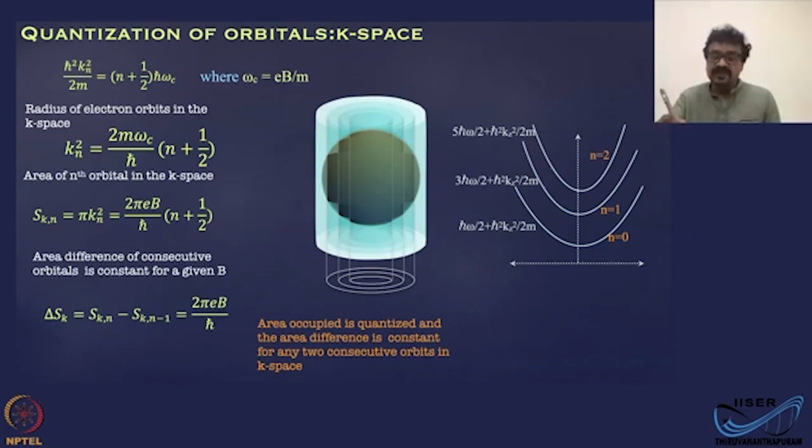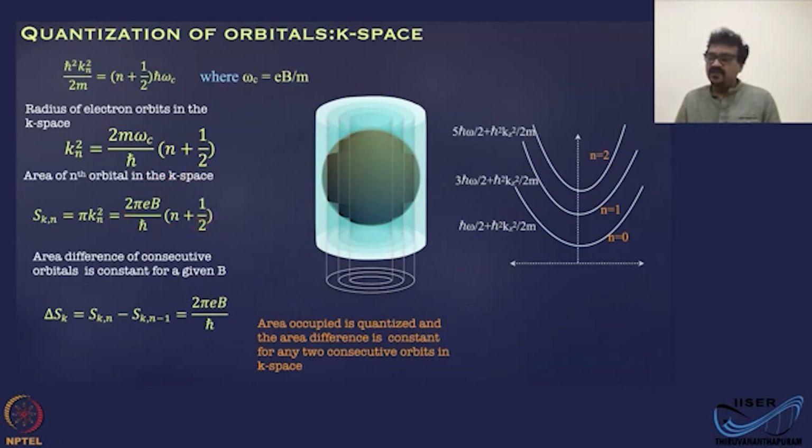So the radius of the electron orbital in the K space is given by this kn squared, which you can invert to get 2m omega c divided by h bar. And the area in the K space is pi kn squared, of the form pi r squared. The subscript k says that is K space, n says it is the nth state.